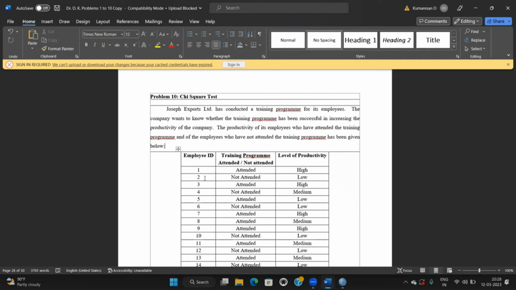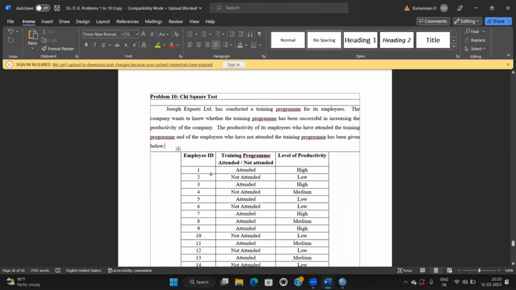In the case of Mann-Whitney U test, the samples were divided as managerial and technical. But here, attended, not attended. The purpose of conducting this training program is to increase the productivity.